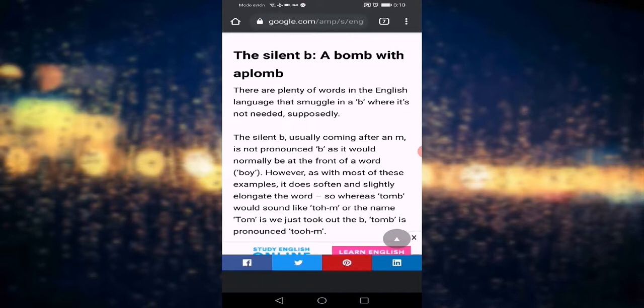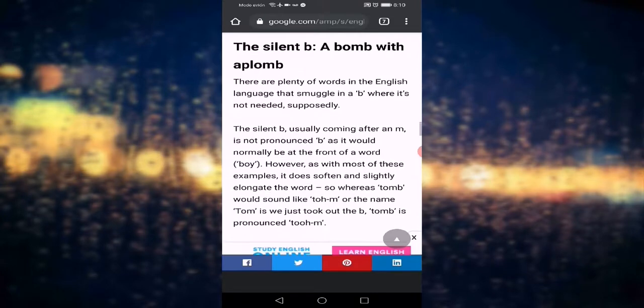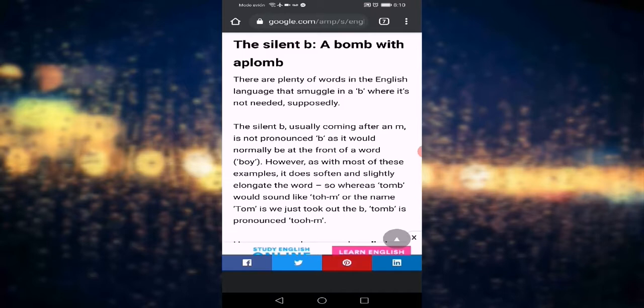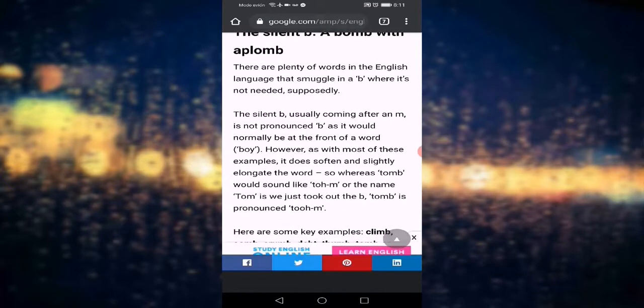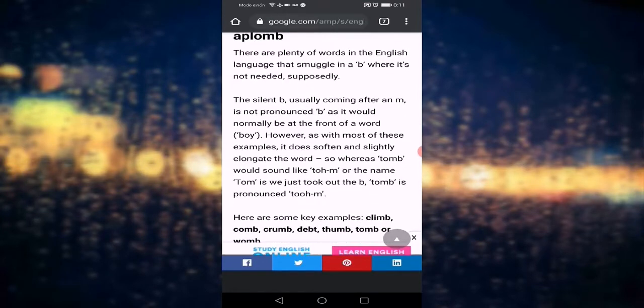Now we have the silent B. There are plenty of words in the English language that smuggle in a B where it's not needed, supposedly. The silent B, usually coming after an M, is not pronounced B, as it would normally be at the front of a word like boy. However, as with most of these examples, it does soften and slightly elongate the word.